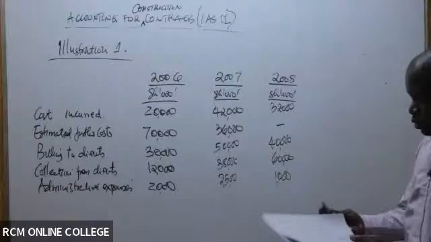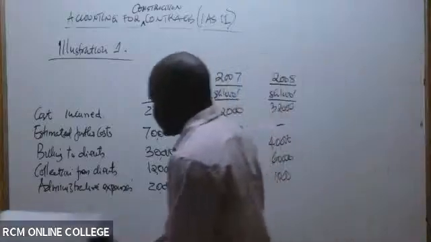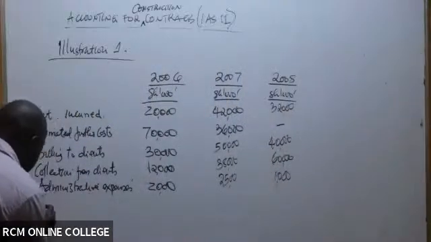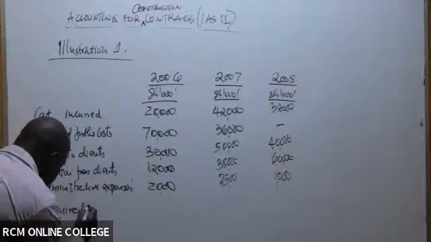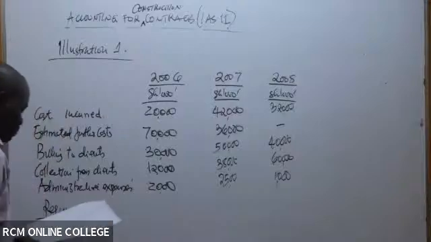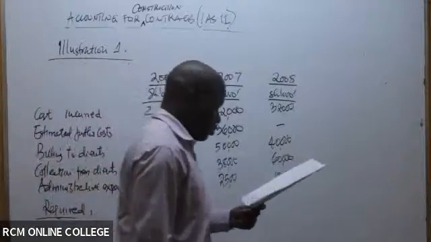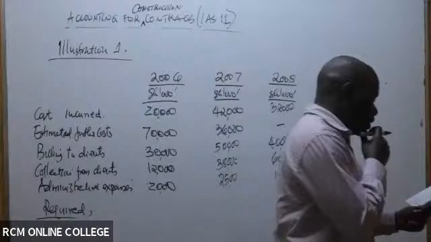So after the table, you can now indicate what they require of us. What are we required to prepare? Required.